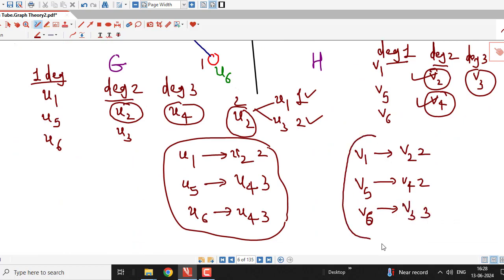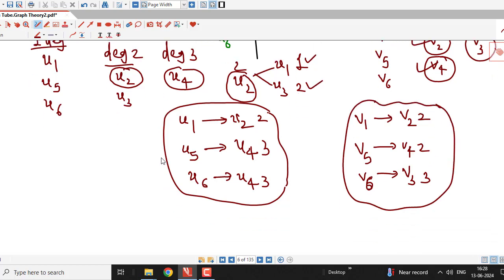Now if there is some isomorphism, then we know that if we have a degree 1 vertex in graph G, then its image must be a degree 1 vertex in another graph. Similarly, if this vertex is adjacent with a vertex of degree 2, then its image must be adjacent with a vertex of degree 2 only.